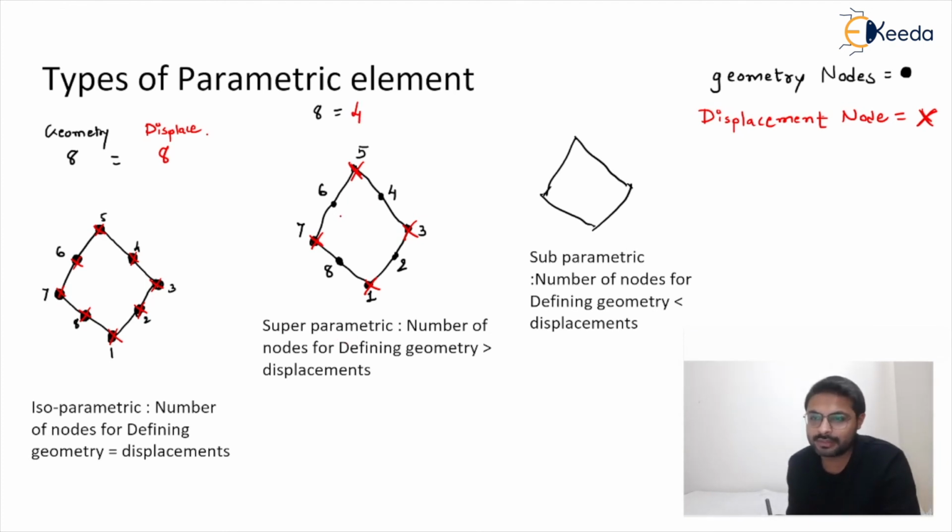So here you can see the geometrical nodes are 8 and the displacement nodes are 4.